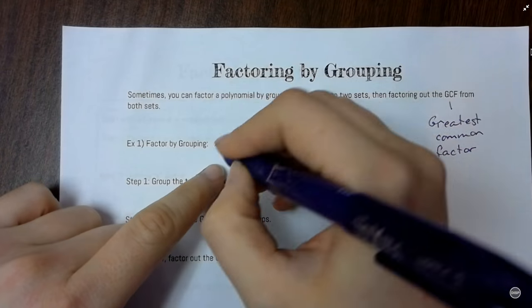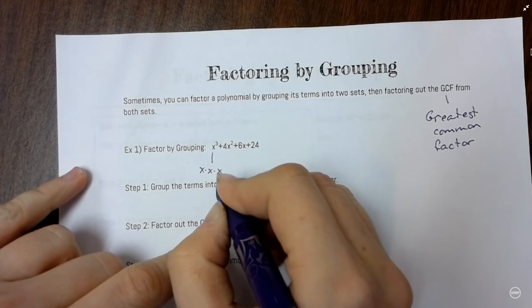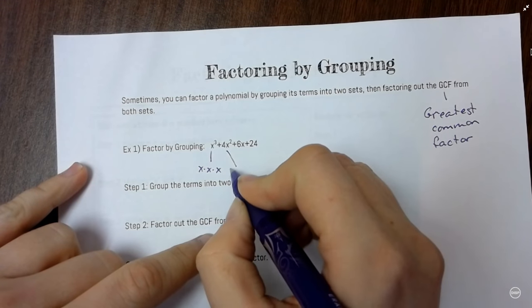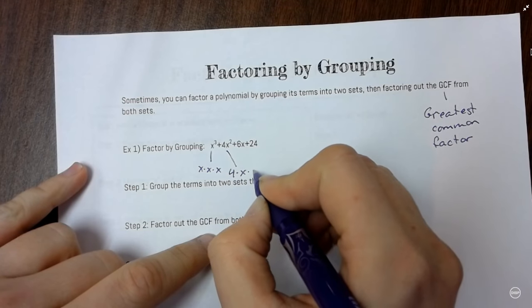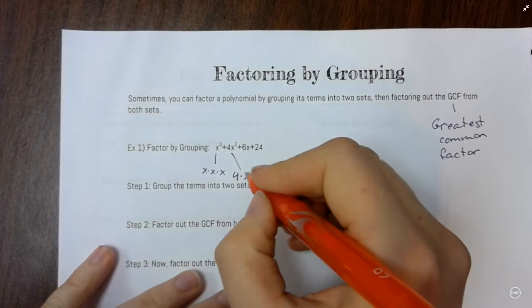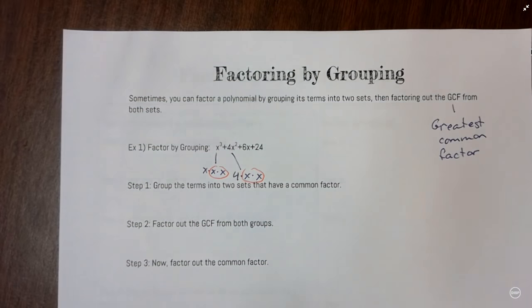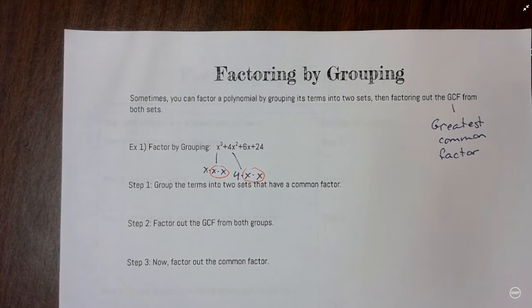Now notice that x to the third power is x times x times x, and 4x squared is 4 times x times x. Those both have two x's being multiplied in them, so they have a common factor there, x squared.